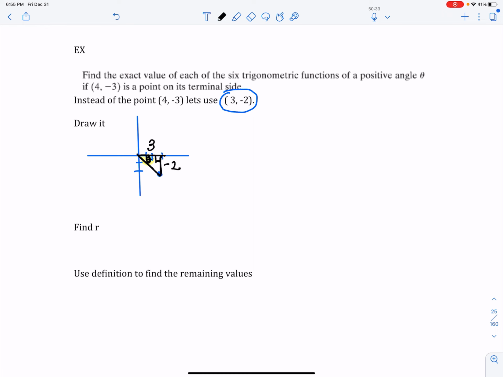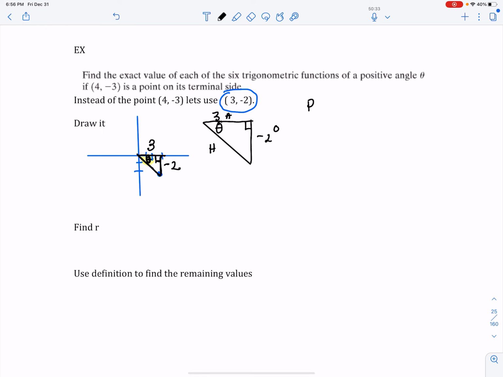So the first thing I want to do is establish what is what. I'm going to draw out that triangle again just so it's a little bit more clear. So I have theta here. -2 is going to be the opposite side. 3 is going to be the adjacent side, and the hypotenuse is unknown.